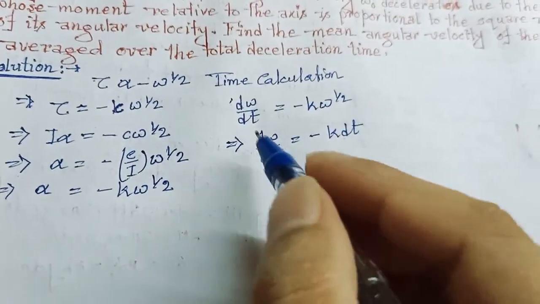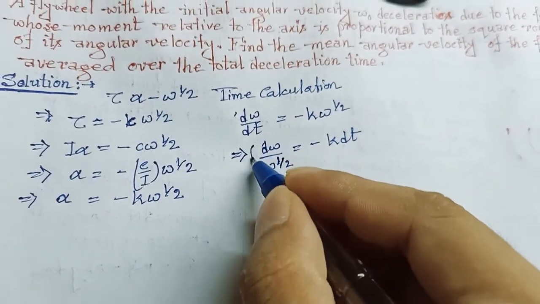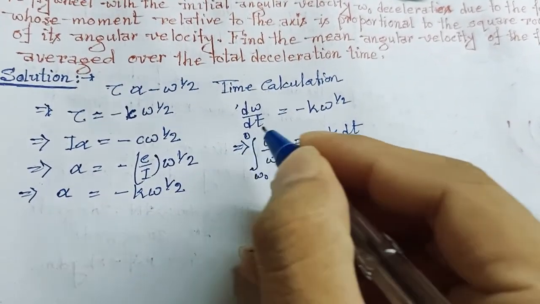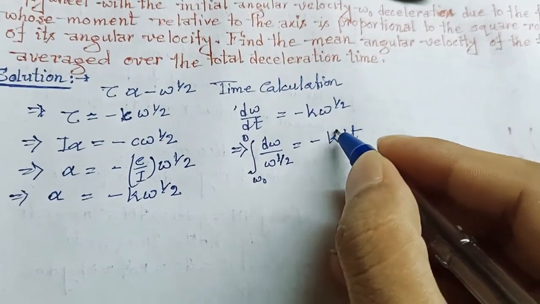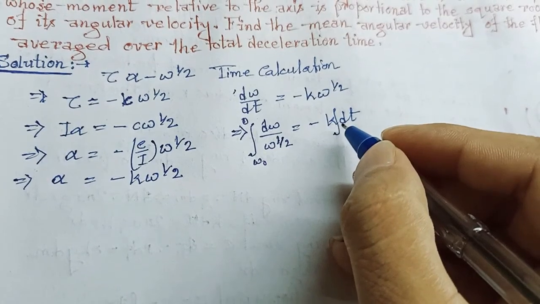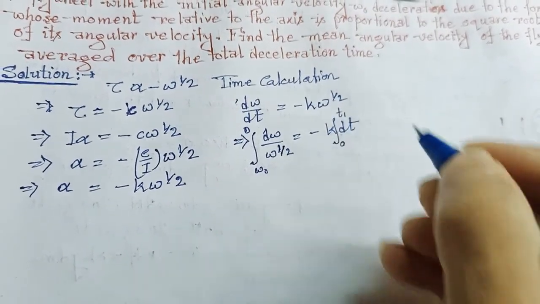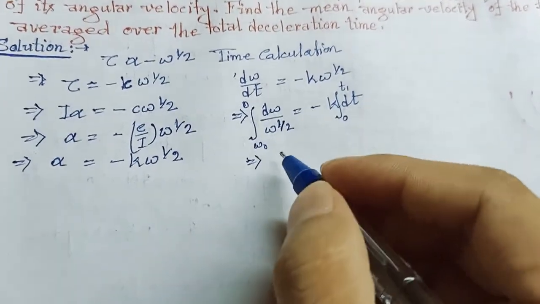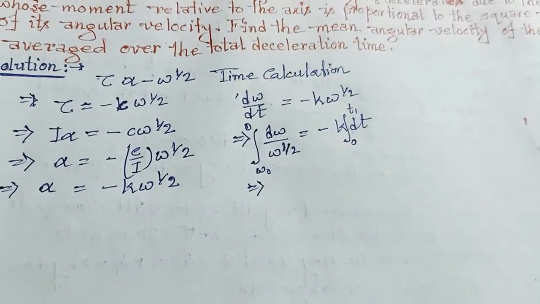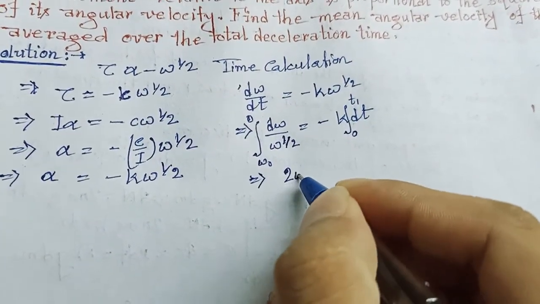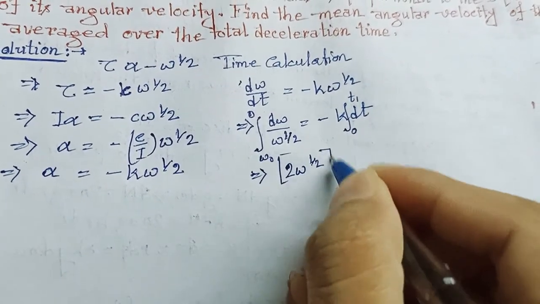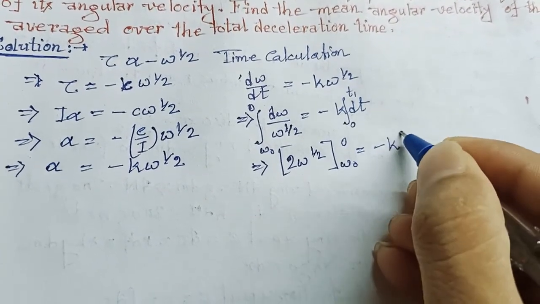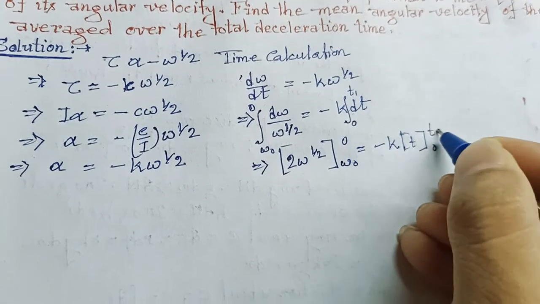Now we have to integrate this equation, so our limit of this integration will be omega naught to 0 for omega or angular velocity, and the limit for time will be 0 to t1, where t1 is the time when it comes to rest. So from this integral, if we carry out this integration, it will become 2 omega to the power half within the limit omega naught to 0 is equal to minus k t, and its limit is from 0 to t1.